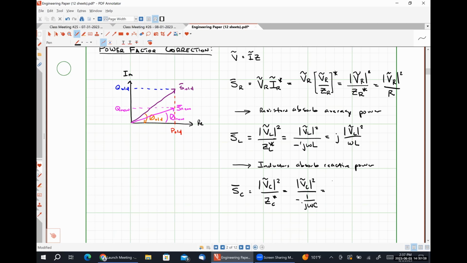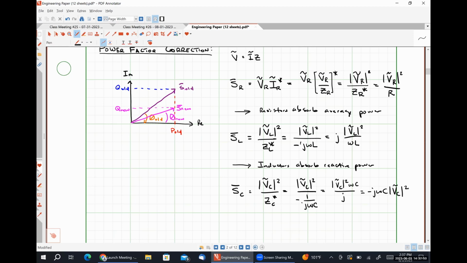So I'm going to have my voltage squared times omega C divided by j. That is the same as negative j omega C times my voltage squared.